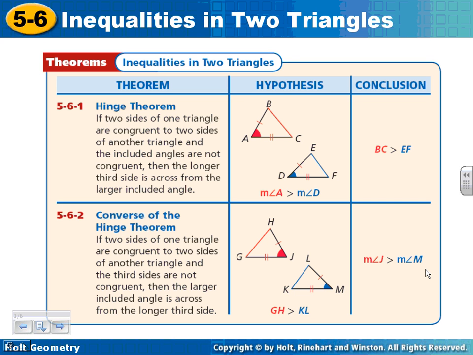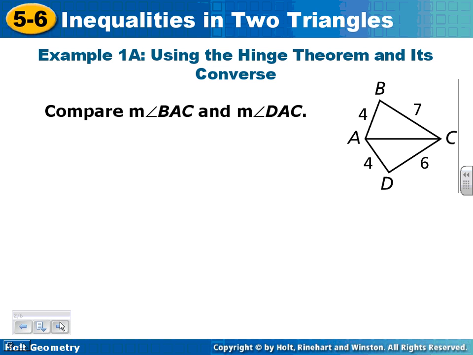And then the second theorem, 5-6-2, just is the converse of that. So you got that in your notes. Let's look at an example. If you look at these two triangles, and remember the shared side in the middle, I can mark with a tick mark.